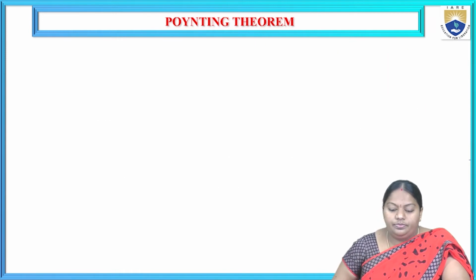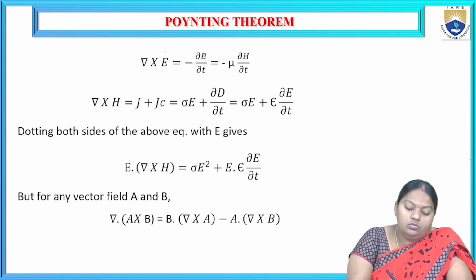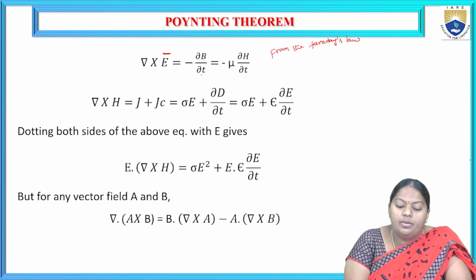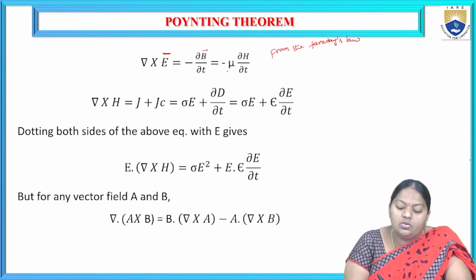Okay, so now del cross E bar equals, from Faraday's law, minus dou B bar by dou t, which is equal to minus mu into dou H bar by dou t.